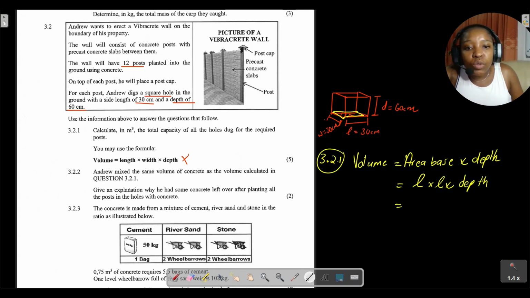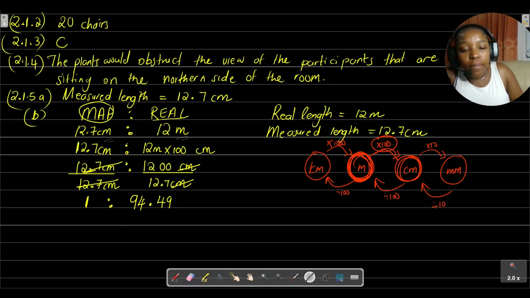But we are told to calculate this volume in meters cubed. So that means that we first need to convert these dimensions that are given to us in centimeters into meters. How do we convert centimeters into meters? We are just going to divide by 100. If you want to convert from centimeters to meters, we are just going to divide by 100.